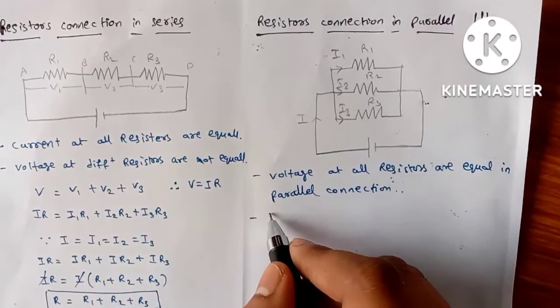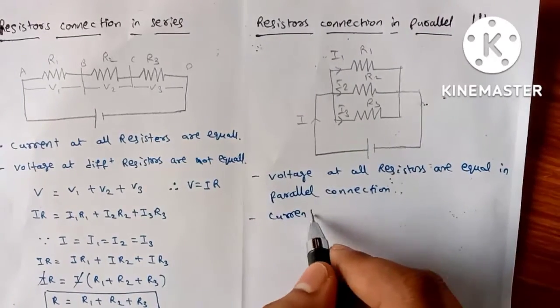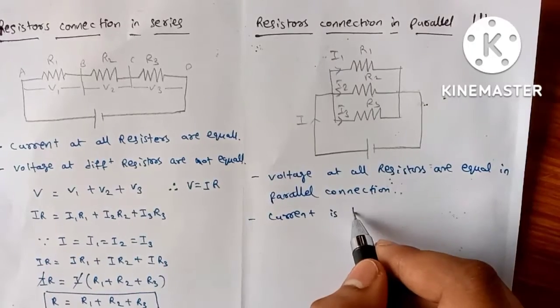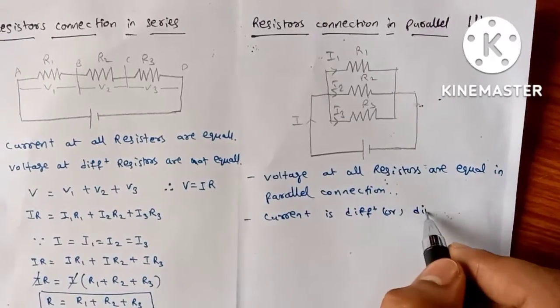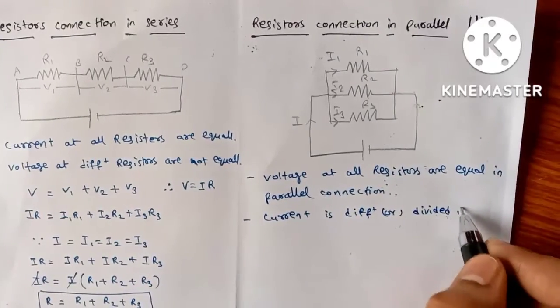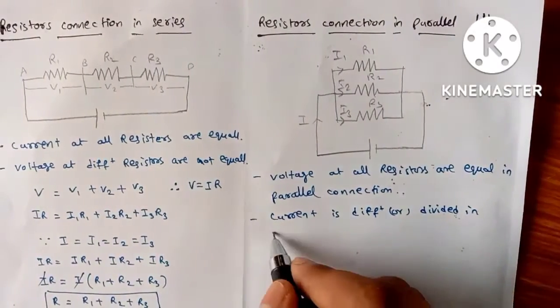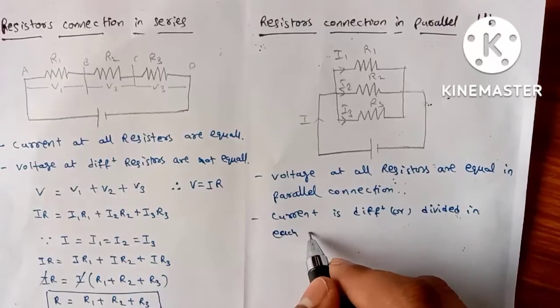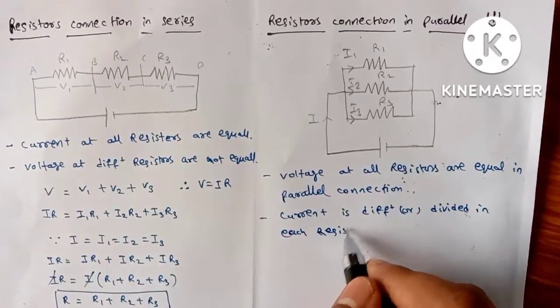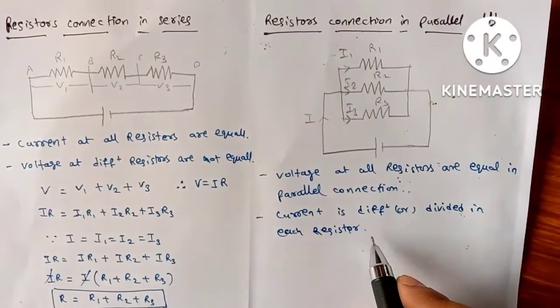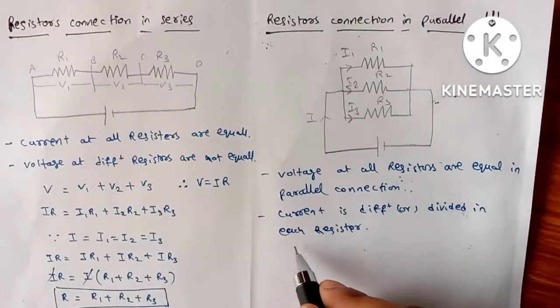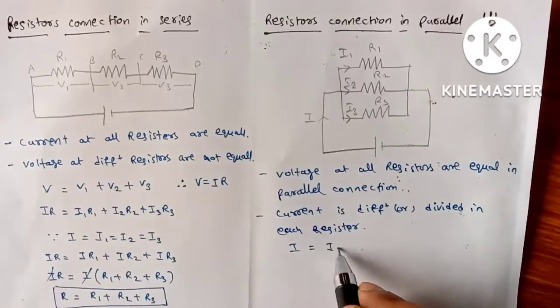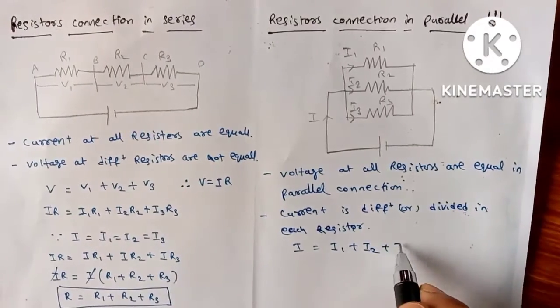Again, current is different or divided in each resistor in such a way that I is equal to I1 plus I2 plus I3.